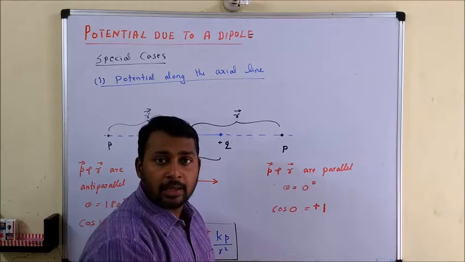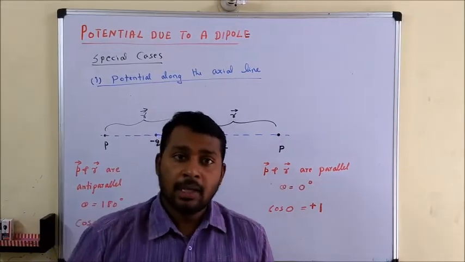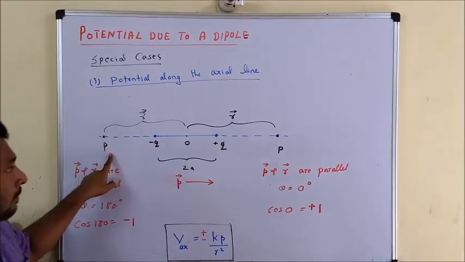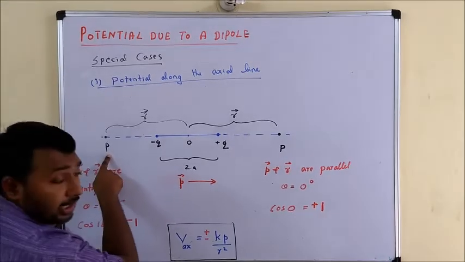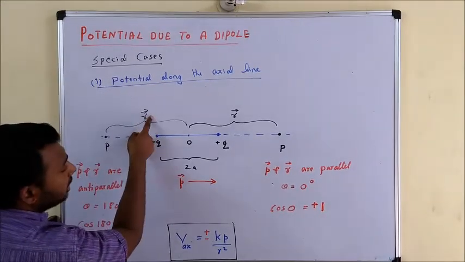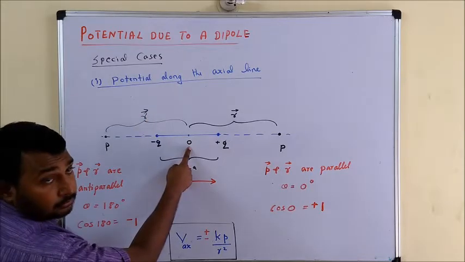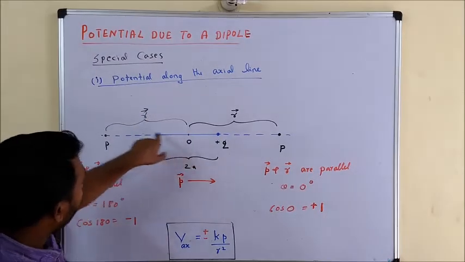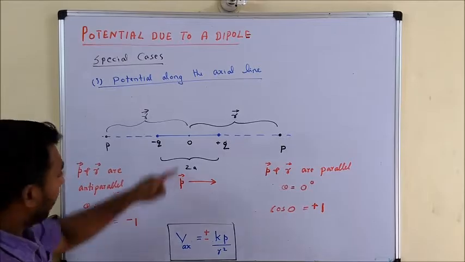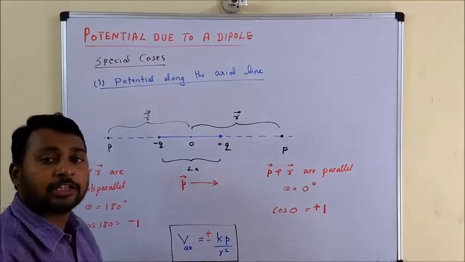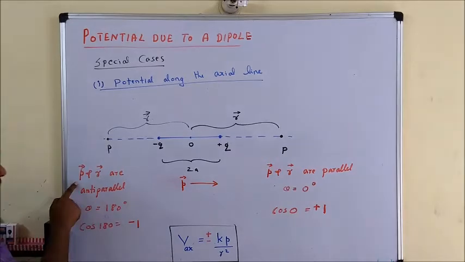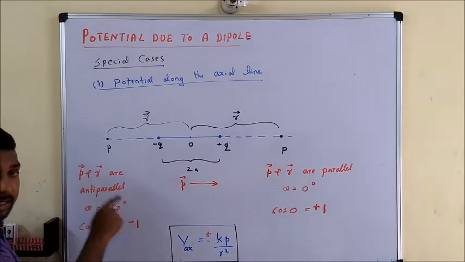In the same way, consider the point P on the left-hand side, at a distance r from the center. Now the position vector is towards this direction and the dipole moment is in the opposite direction, so p and r are anti-parallel.